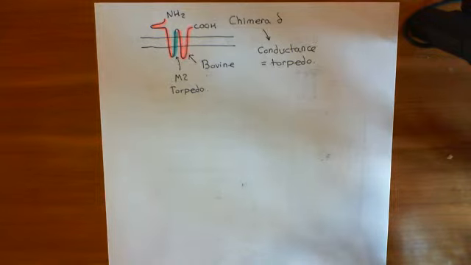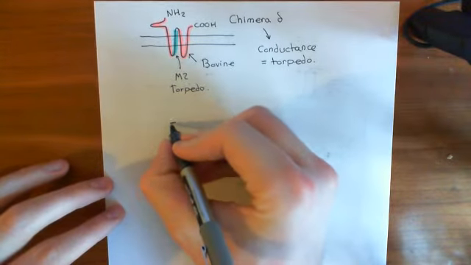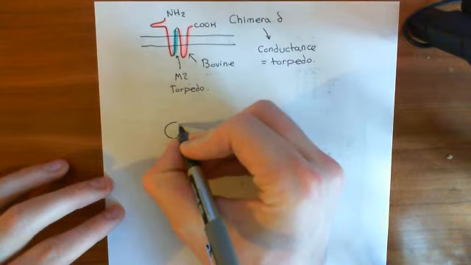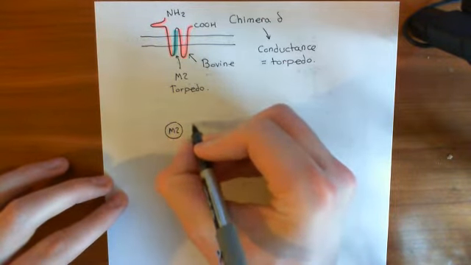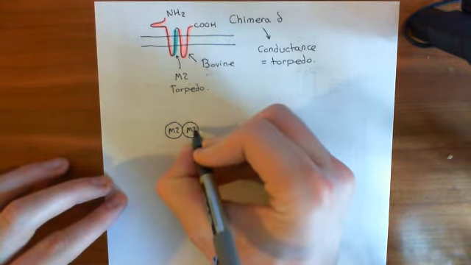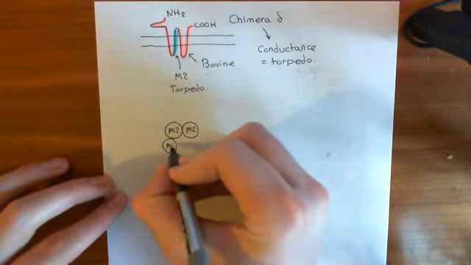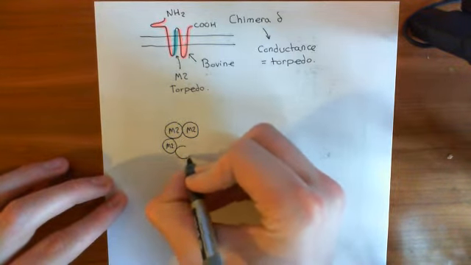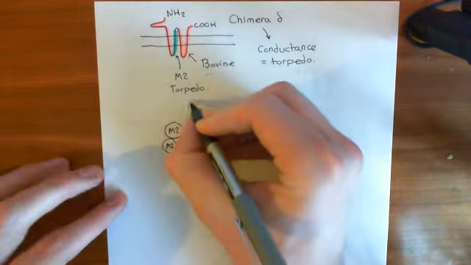And it's worth remembering that you have 5 of these. So if I draw each one of them, here's one alpha helix. So this is an M2 alpha helix of one of the subunits. Then we have another M2 alpha helix, then another one, and then another one, and they themselves are forming this pore, so they are within these larger subunits.